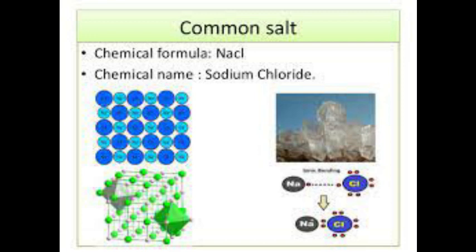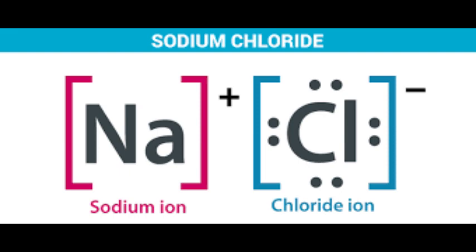Now, you are using common salt. Do you know the common salt which we use in our food? Yes. Its molecular formula is NaCl, where Na is sodium and Cl is chlorine.